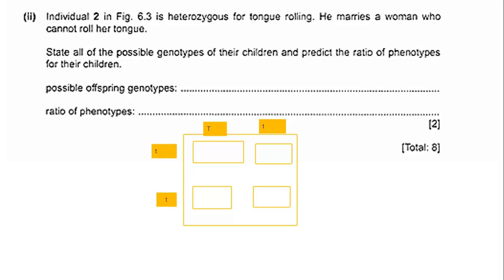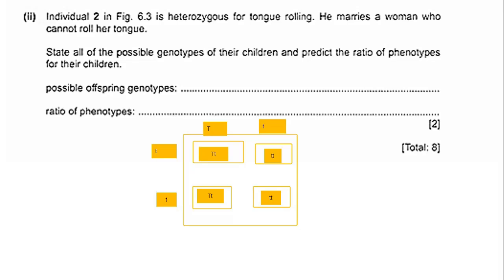There we go. So the first probability will be heterozygous, and the phenotype will be rolling, or can roll his or her tongue, and this one will be homozygous recessive, which is non-rolling, and then heterozygous, and since this individual has the dominant allele, they are going to be rolling, while here the last one will be non-rolling.